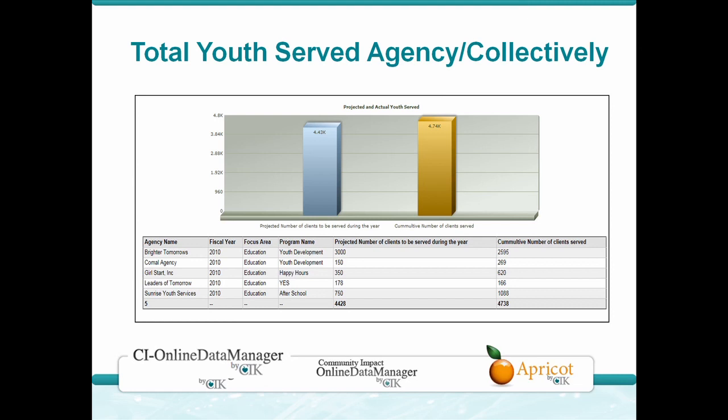They actually served 4,738, so they exceeded the number. So again, you can go back to your donors, go to the community, and say, thanks to your support in this strategy, we're actually able to serve more kids in the after-school program. Again, that's measuring productivity, answering the first question, not the outcomes question.